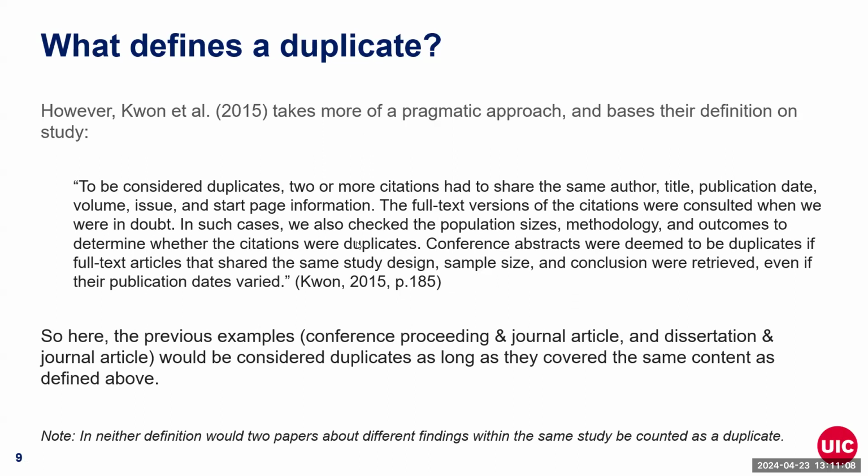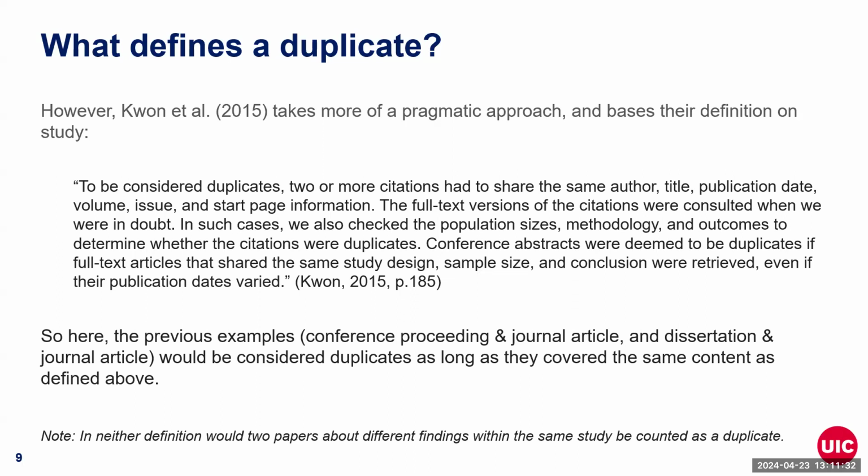But also, specifically, conference abstracts were deemed to be duplicates if they were for the same study design, sample size, and conclusion, even if the publication dates varied. So we had the conference proceeding in 2016, the article came out in 2018, but it's about the same study, it has the same conclusion, it covers all that same information.